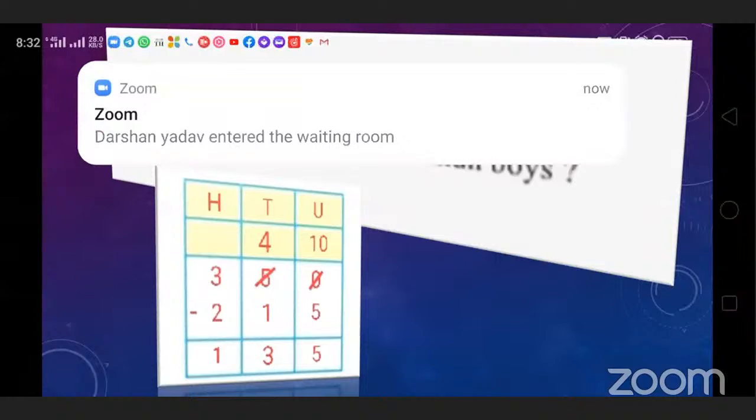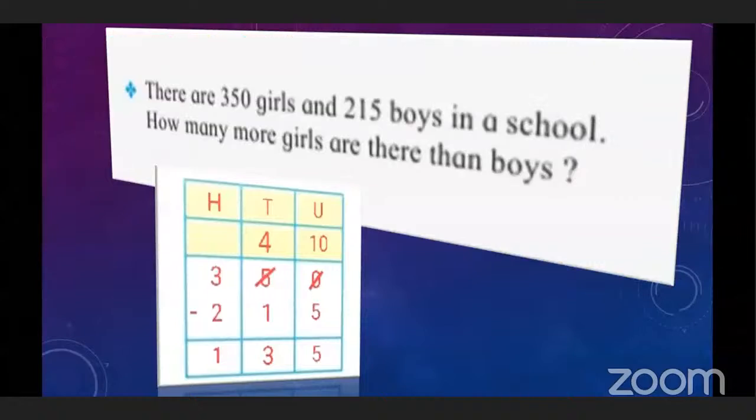So I subtract 215 from 350. Look at your screen and look at that table. At the unit place, we cannot subtract 5 from 0.